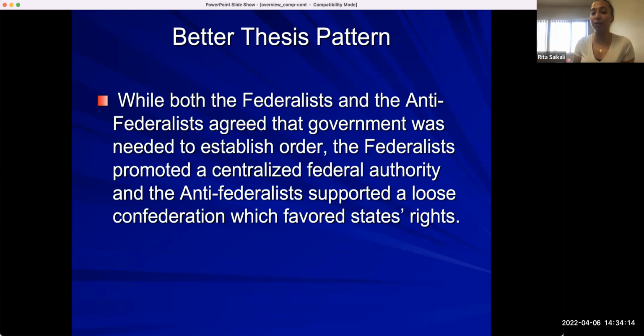And the difference was that one wanted authority that is federal, and one wanted authority that is on a state level. Does that make sense? Do you see it? So it's not a general statement of, oh, they have some similarities and differences. It's actually a very specific, very pointed, very direct statement of similarities and differences. Yes?